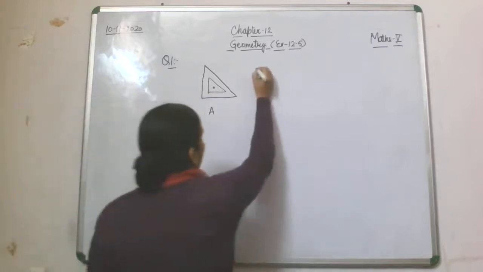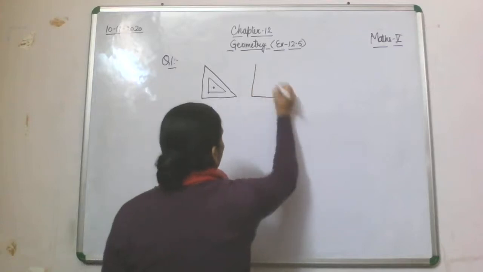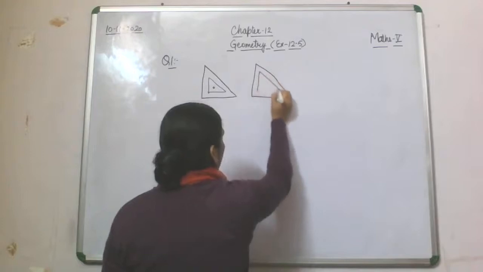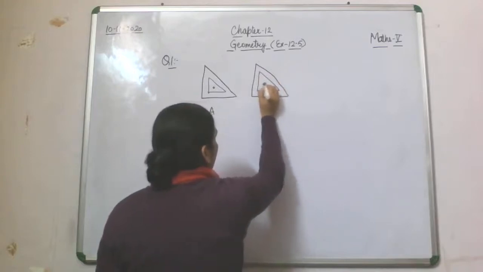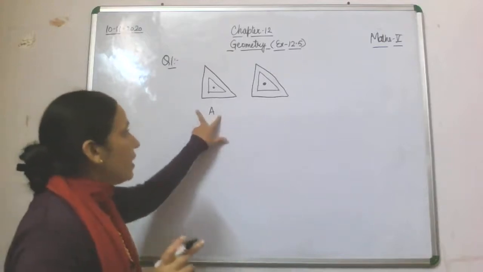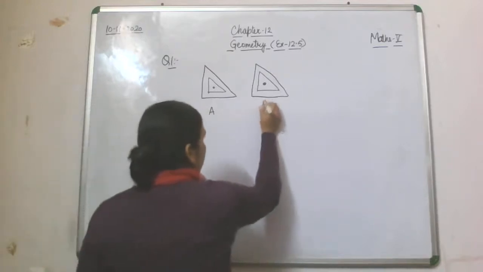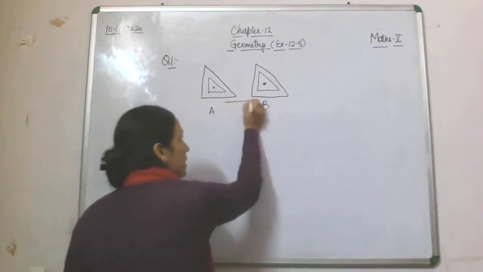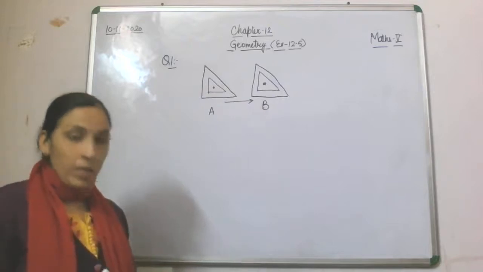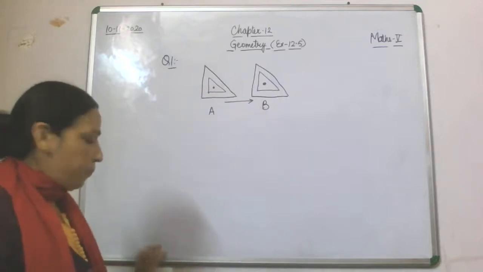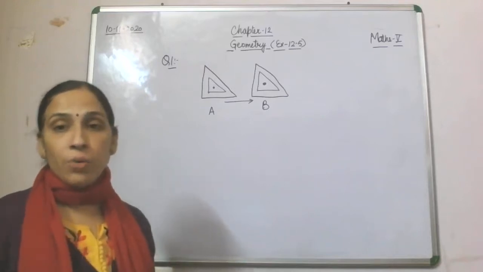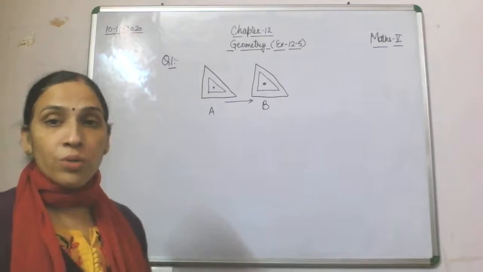So let's see. If that triangle is of same size, so how do you know that this figure A and figure B is of same size? You are going to slide this. Figure A you are going to slide over figure B. And when you are sliding it, you will find what I have told you here.